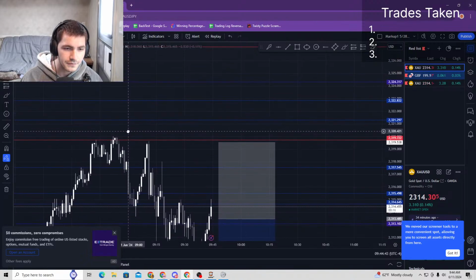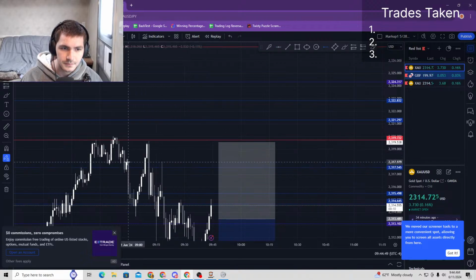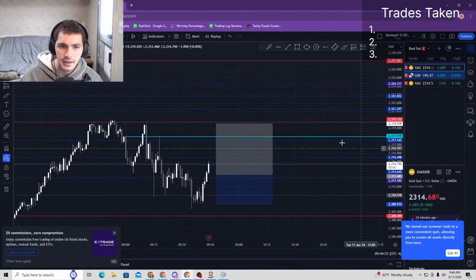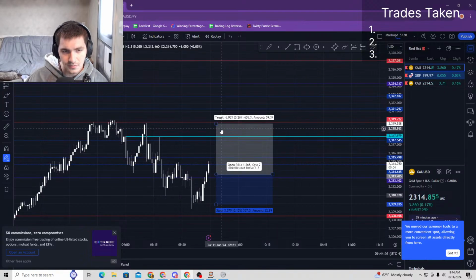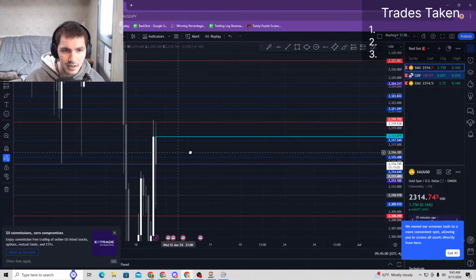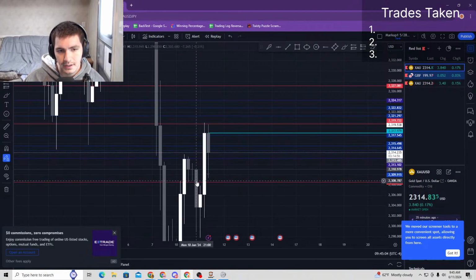So if we're looking for an open, which is right here, I'm going to mark this. The cyan. That's where the thing is. So what we're expecting is this to have been the bottom wick, and for it to be reacting off a zone, which it is, more or less, this daily.